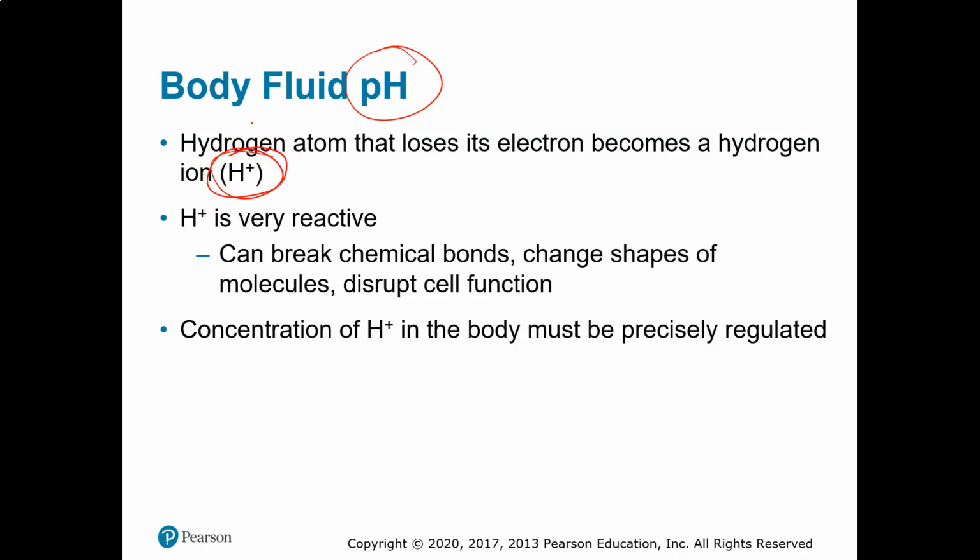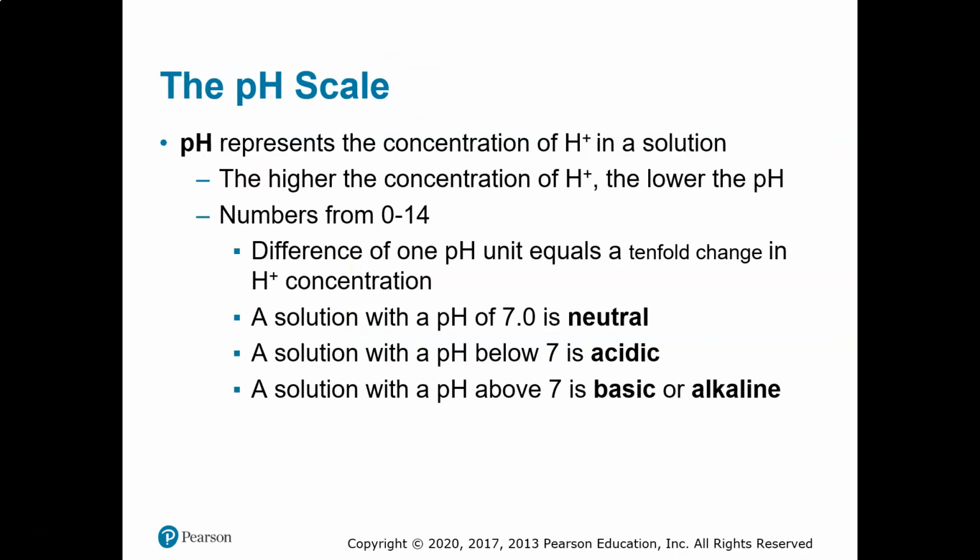Hydrogen ions are very reactive, and the concentration of hydrogen ions in the body is measured as pH. So a high concentration of hydrogen ions means a low pH, which means acidic. The higher the concentration of hydrogen ions, the lower the pH, the more acidic the substance is.